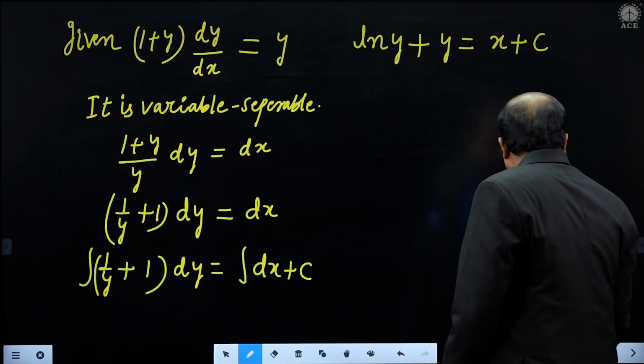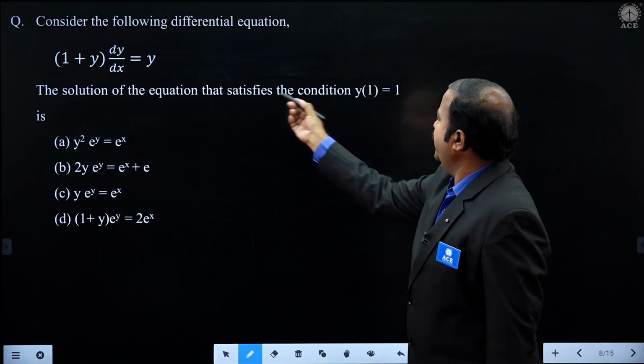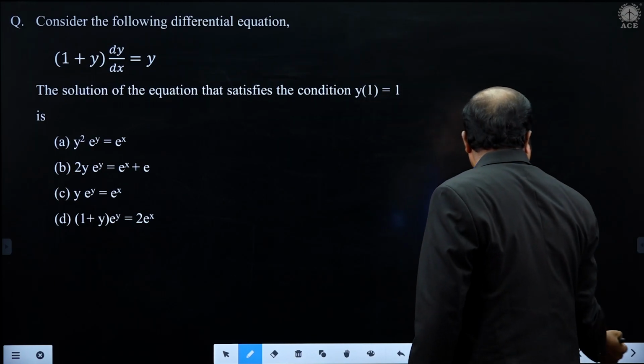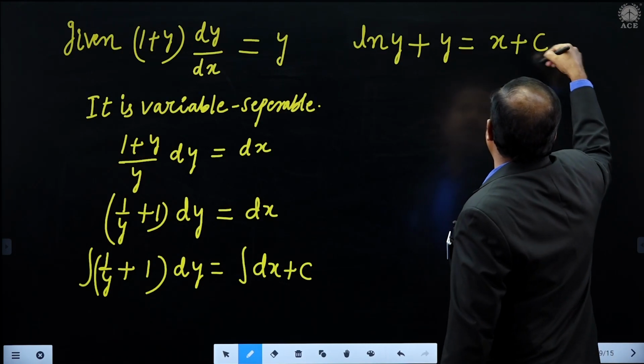And look at the question once. Given the condition y of 1 equal to 1, use the condition to find the arbitrary constant c value.